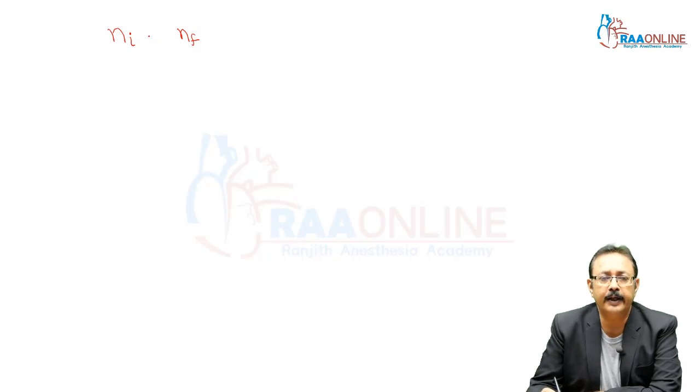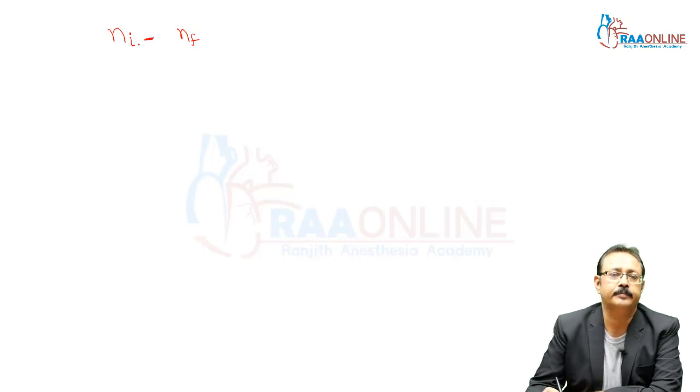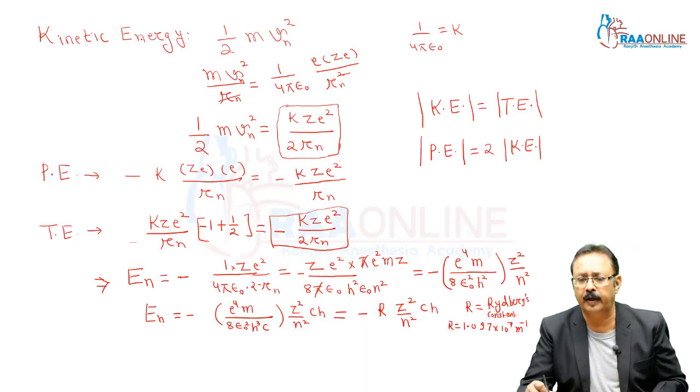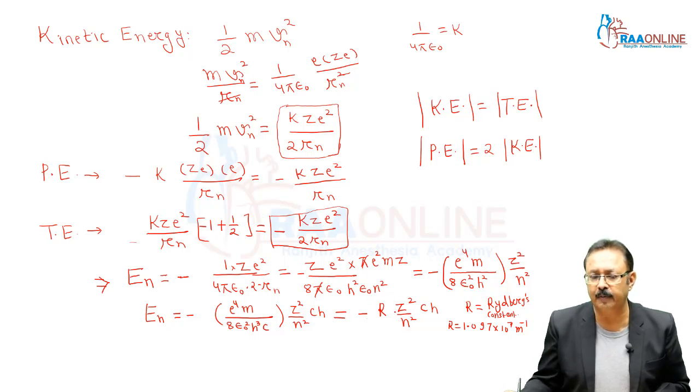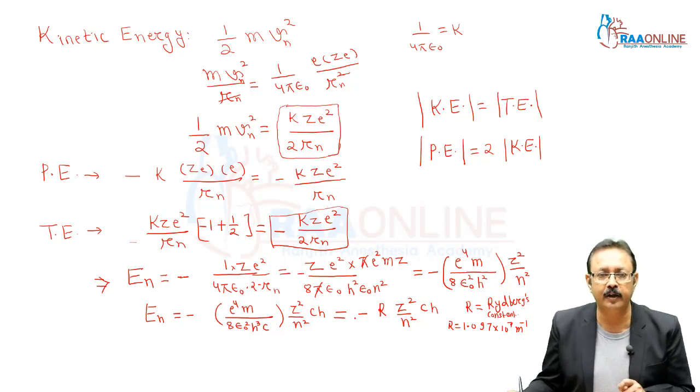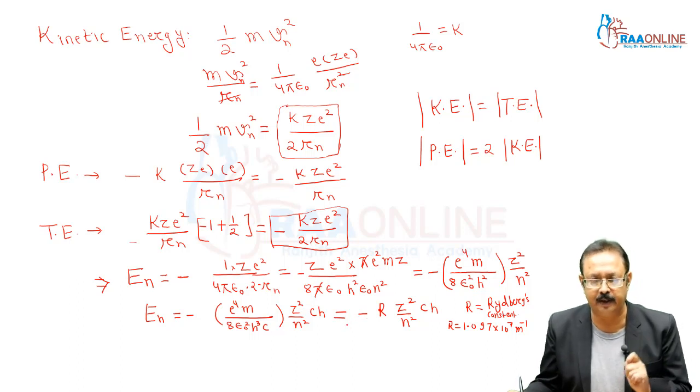What will it do? It will emit the difference of these two energy levels. If it is jumping from third to second, we know from this formula that a big value of n means a small numerical value of this, but the minus sign is there, so a big value of n means a bigger value of energy, because in minus, if the numerical value is decreasing, the number is increasing.